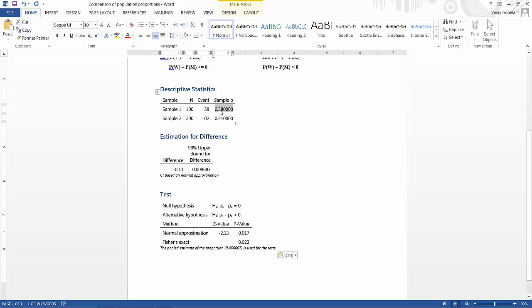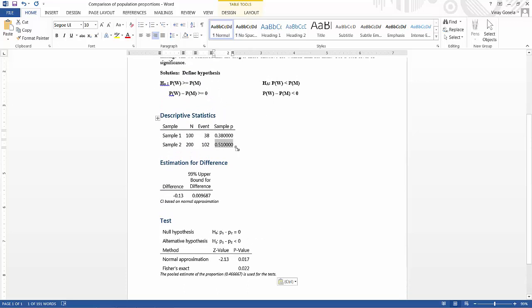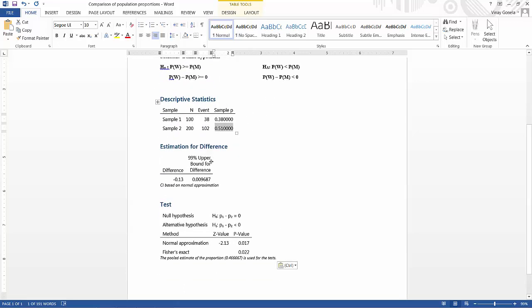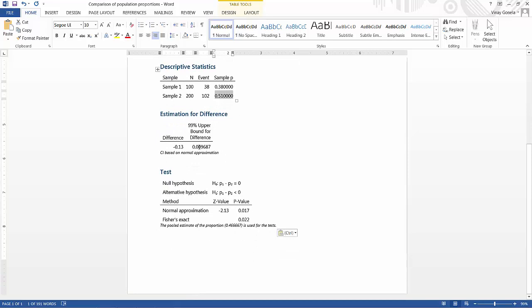The proportion of women having cold is 0.38, and the proportion of men having cold is 0.51, or 51%. And then we have the estimate for the difference. Because our problem is a one tail problem, we have only the upper bound. The lower bound would be negative infinity.